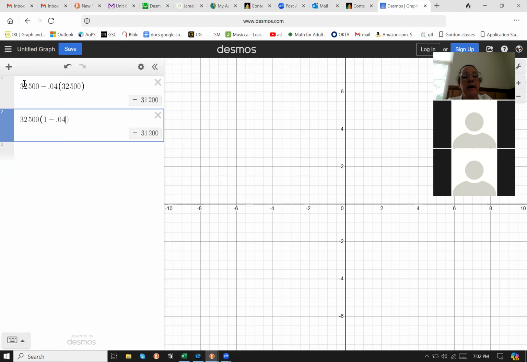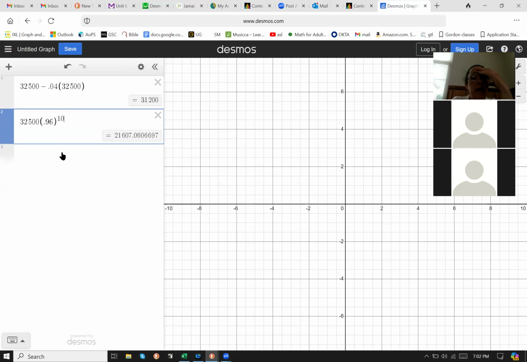Do you see how I did that? I pulled the 32,500 out of both of those. So it became 1 minus 0.04, in other words, 0.96. And then for the next year, we'll take off 4% again, so we're just taking it times 0.96 again. And so on, the next year times 0.96 again, and this is going on for 10 years.